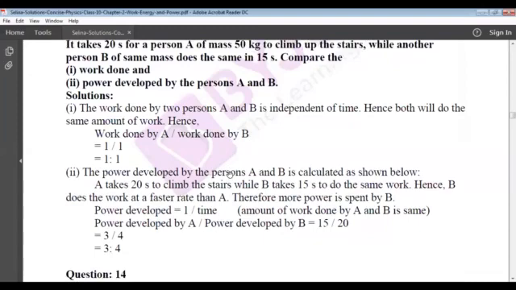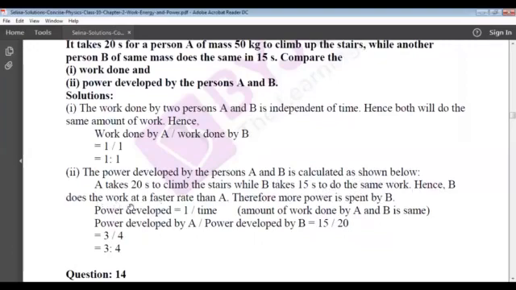Second one, we need to find the power developed by the person A and B. A takes 20 seconds to climb the stairs while B takes 15 seconds to do the same work.